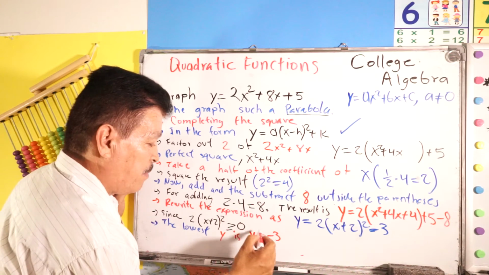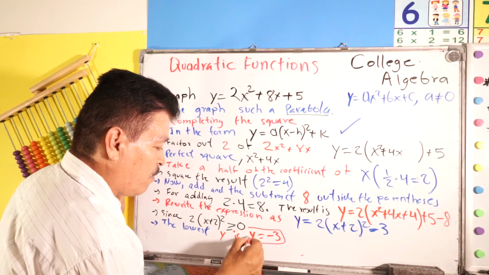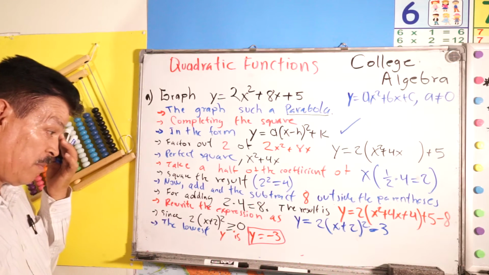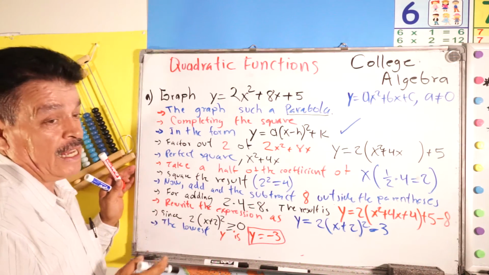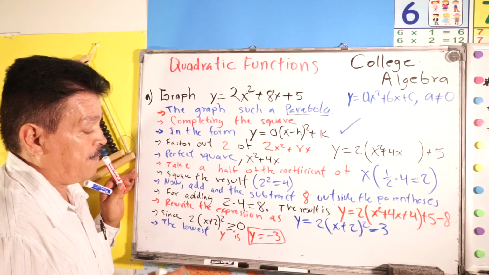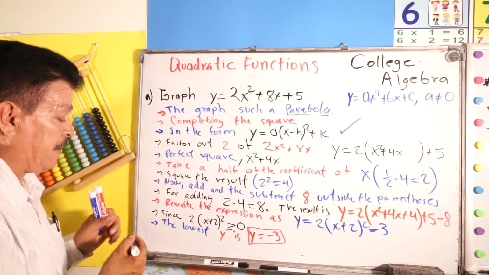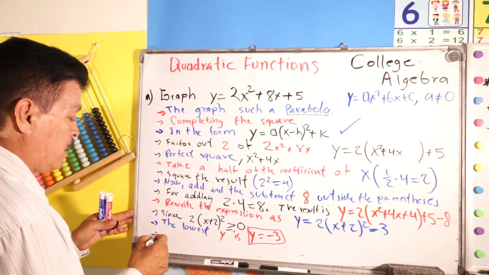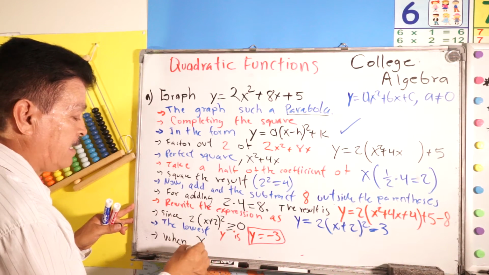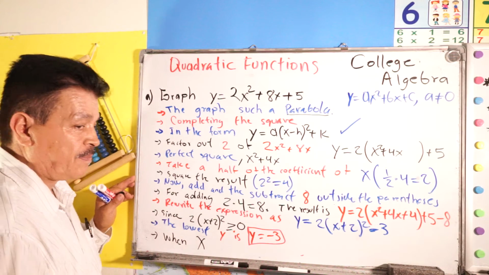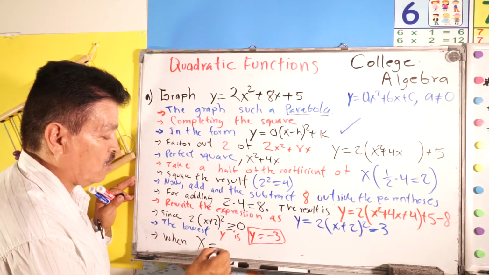This is very important; we need this value y to make the graph. It has this value when x equals -2.